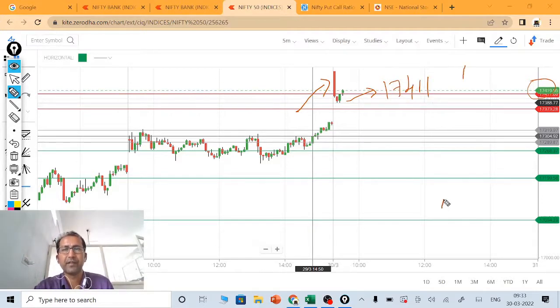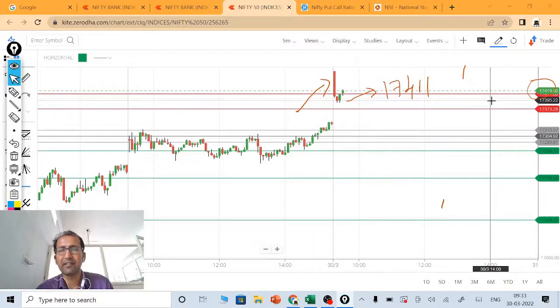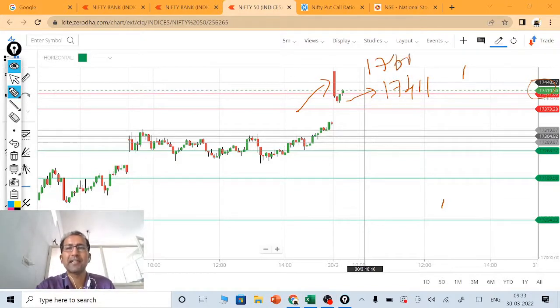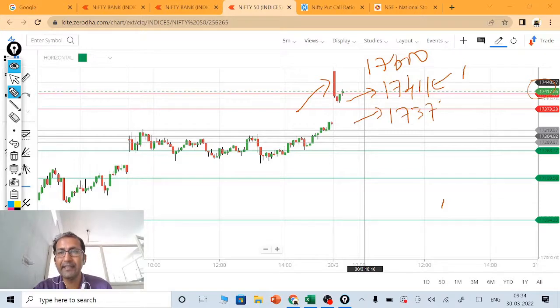If the market sustains this level, then there is a chance of markets touching 17,600 levels. Yesterday SGX Nifty was indicating this level. But if the markets do not sustain the 17,411 level, the market can fall to 17,373, and the pivot is placed at around 17,304.